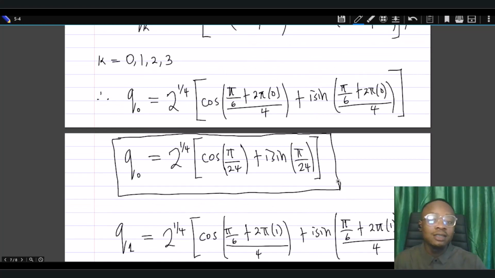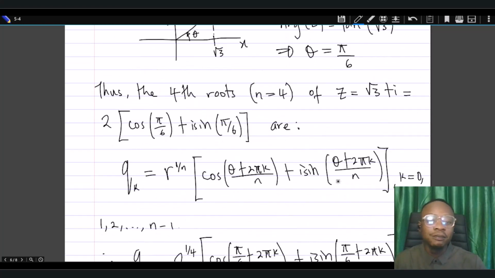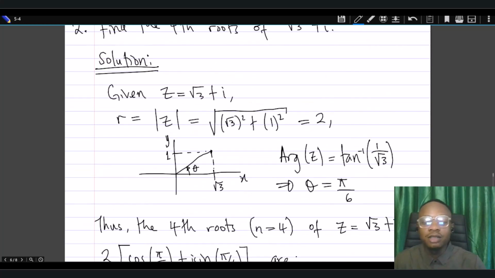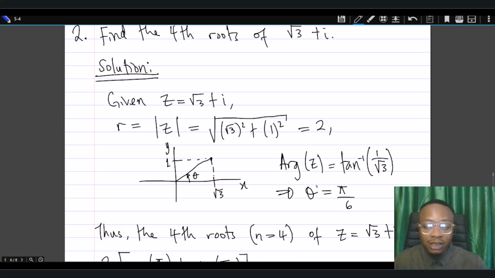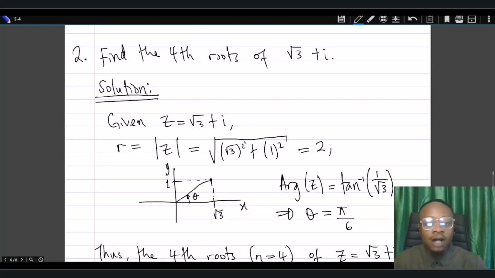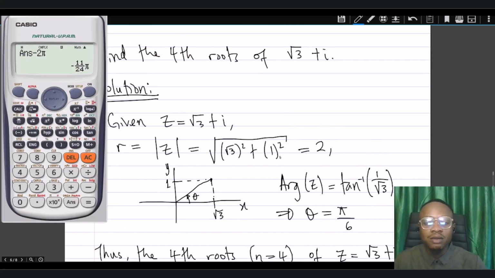Don't forget that this process of getting the modulus and the argument of the complex number can be completed with the calculator directly. If you didn't need to show how you came about that, you would just use the calculator here. So this is root 3 plus I, for instance, and once the calculator is in complex mode, of course, you can put it in the form R and theta.